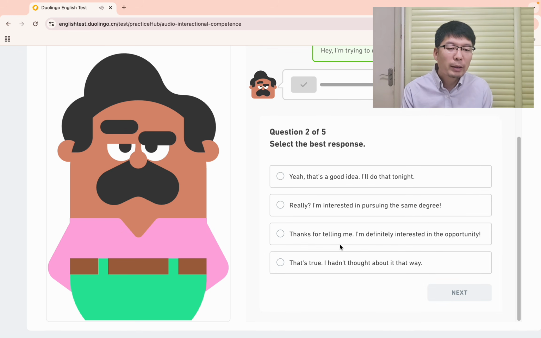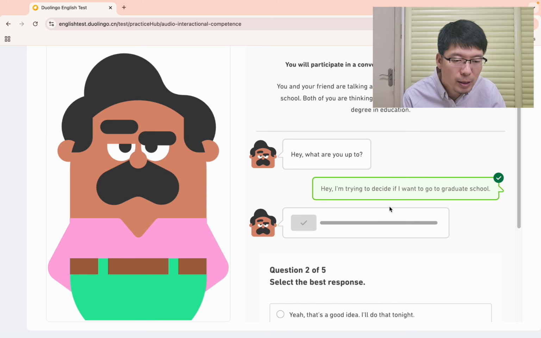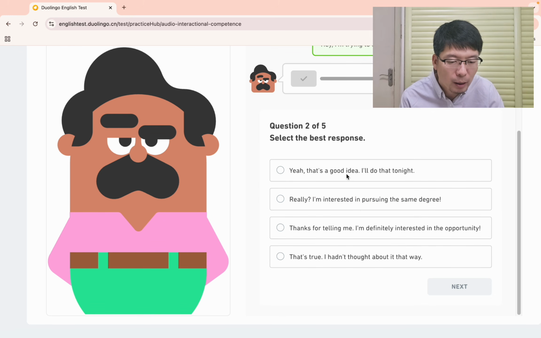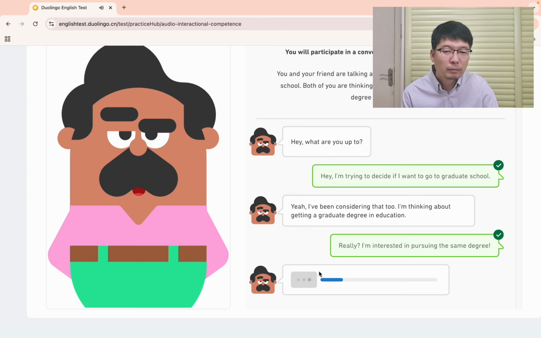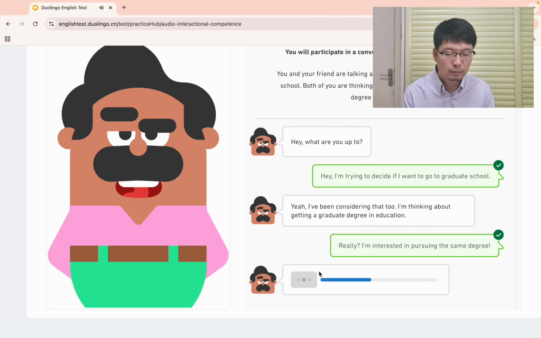Yeah, that's a good idea. Really, I'm trying to pursue. That's true. I hadn't thought about it that way. Really, yeah. The context says we both thinking about the same degree. Yeah, I really want to work with kids and help them learn.